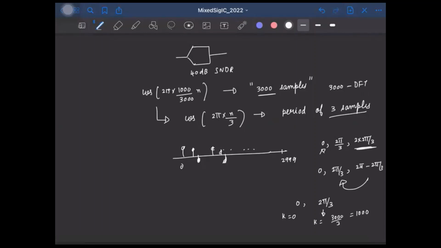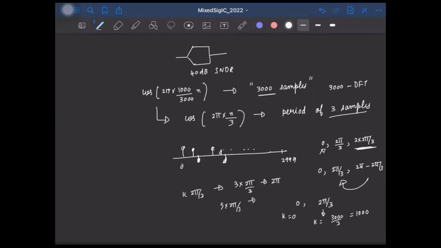For the same reason, even if the signal is getting distorted, that is harmonics of the signal, they will also lie on k times 2 pi by 3, right? So the third harmonic will be 3 times 2 pi by 3. That is same as 2 pi, right? And the fifth harmonic is 5 times 2 pi by 3.